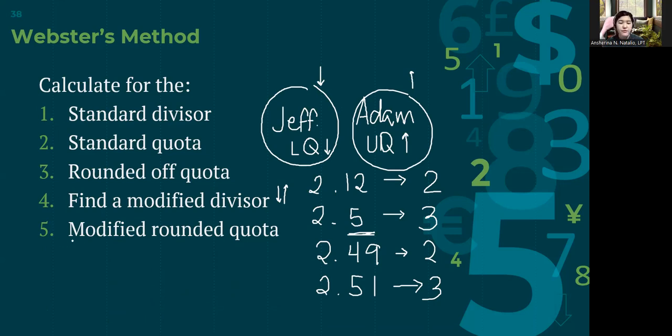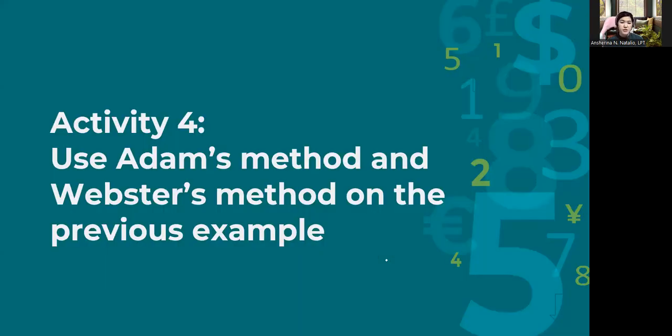Number 5, once you have made a modified divisor, divide again, so find the modified rounded quota. Again, same process. Only the rounding rules are different. So, your activity 4 is to use Adam's method and Webster's method on the previous example.